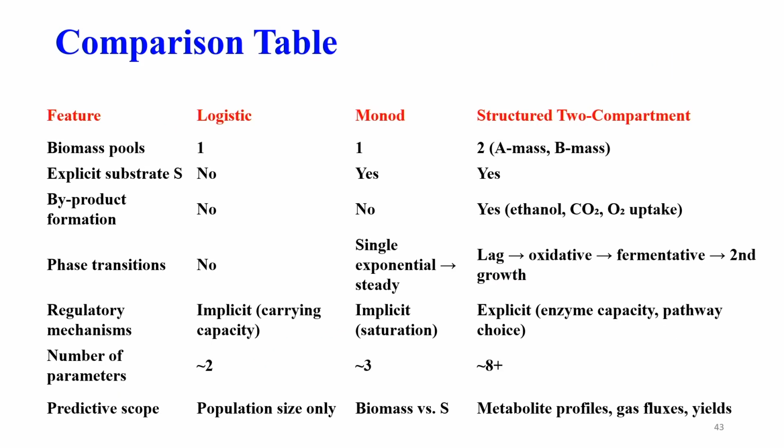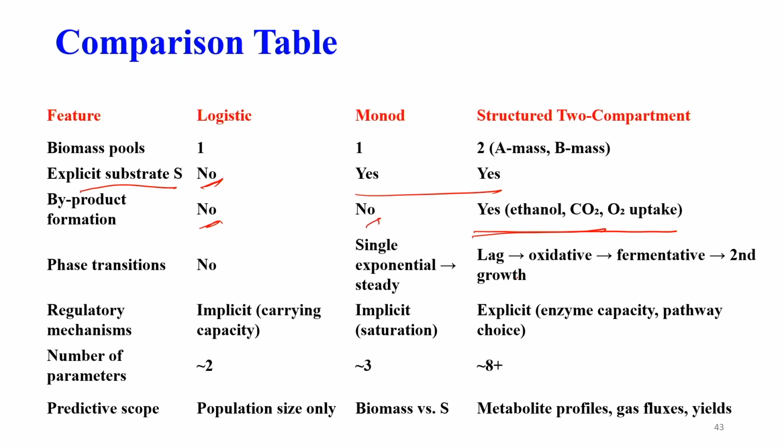If you compare all three models, the logistic is independent of substrate and the other two are dependent on it, and the structured model is able to predict biomass formation while these two models cannot.